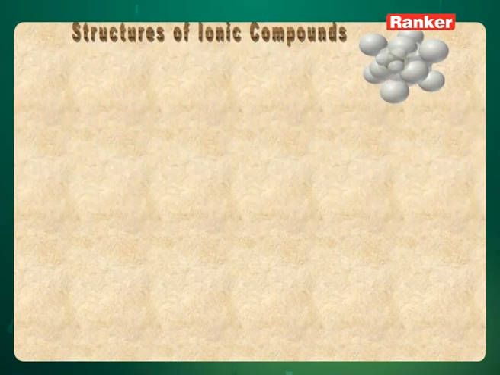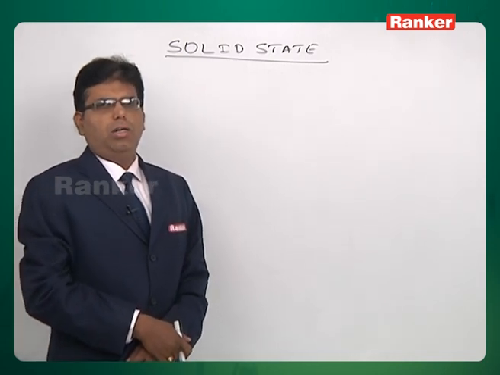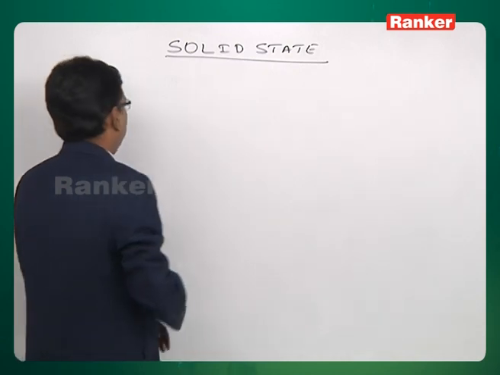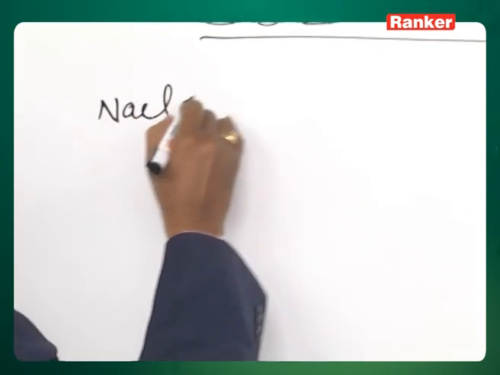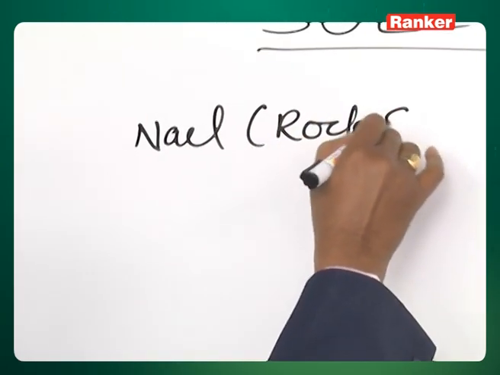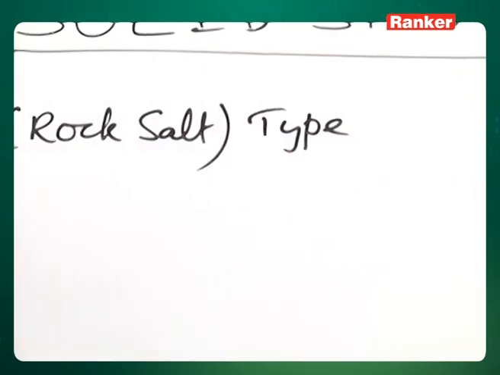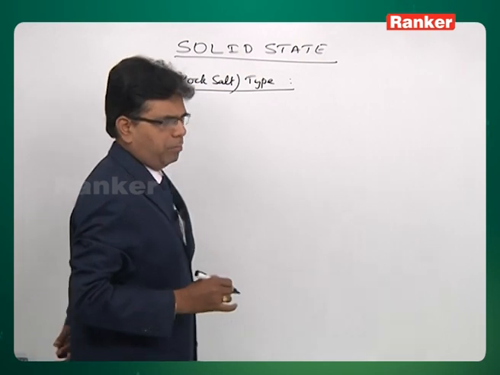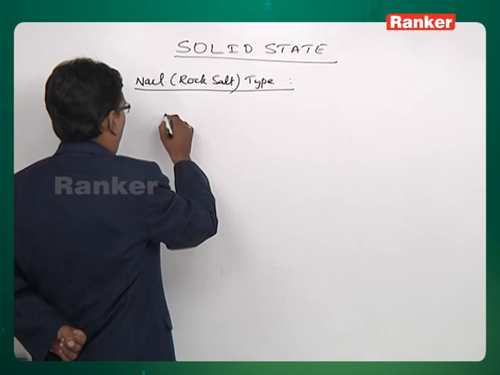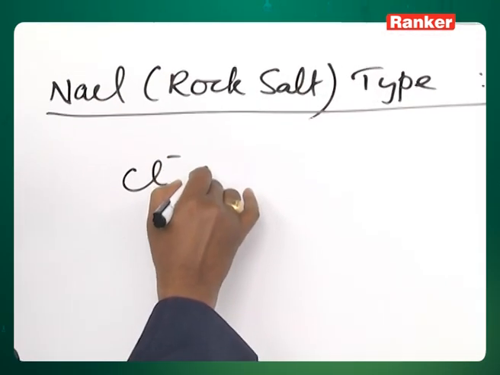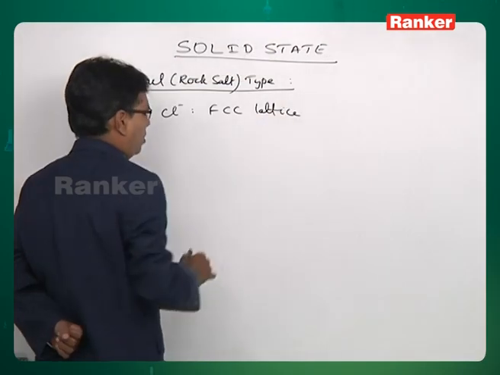Now, we will go to the structures of ionic compounds. Now, let us look at the structures of some of the ionic compounds. First, let us start with the sodium chloride type. This is what we call rock salt type. In the rock salt type, that is NaCl type, chloride ion being the larger one, chloride ion will form the FCC lattice.